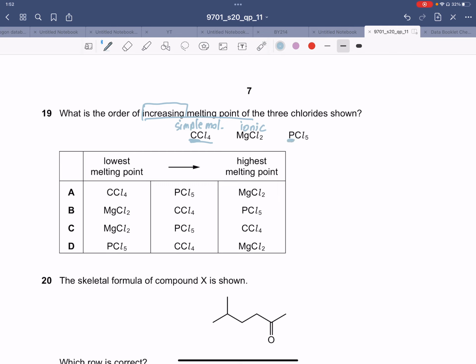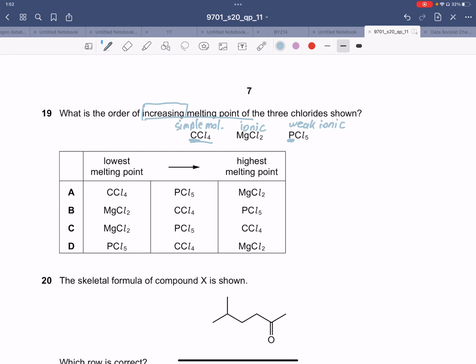Contrary to popular opinion, this is actually not a simple molecular compound or any kind of molecular compound at all. It's actually a very weak ionic compound, which is kind of cool, honestly, because phosphorus typically makes a simple molecular compound. But surprisingly, with PCl5, it actually makes a weak ionic compound due to the number of charges, and it actually has some forms of dipoles.